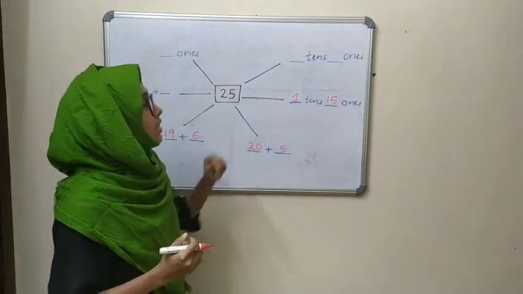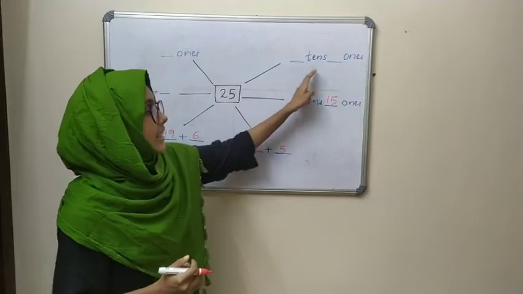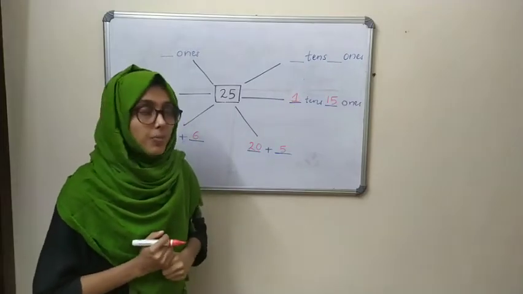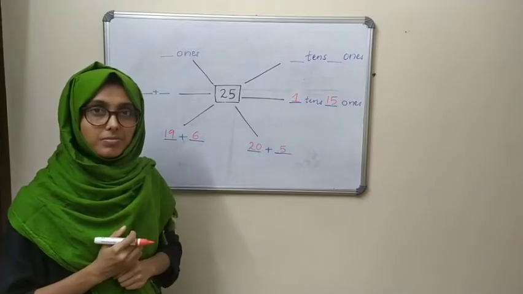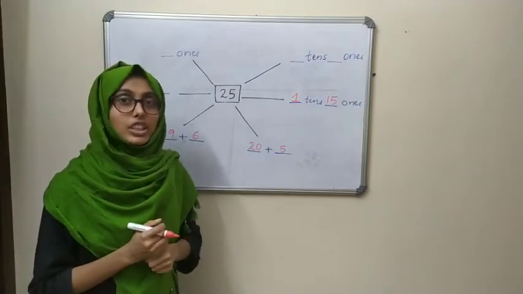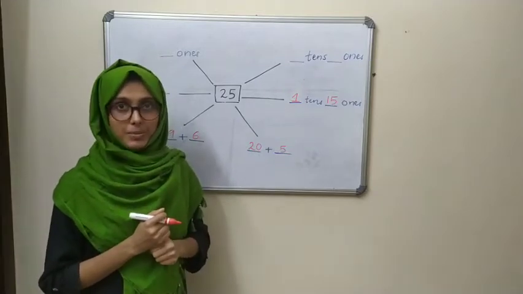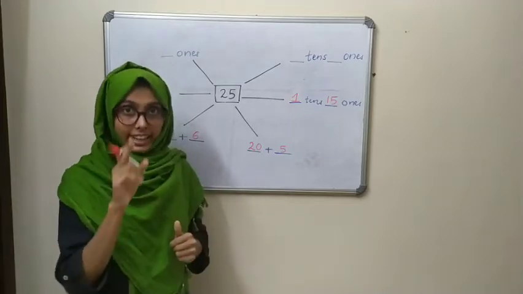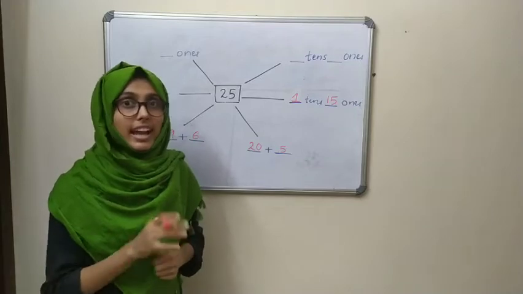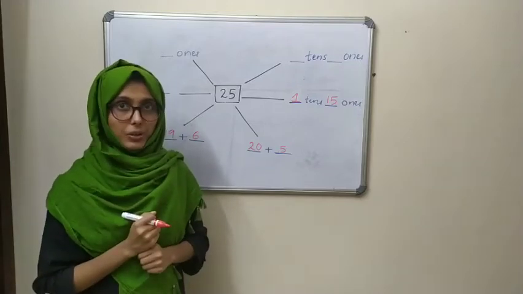Now here you want to write again in tens and ones form. So now tell me, how can you write? Suppose you have 20 rupees. You have 1 10 rupee note, again 1 10 rupee note, and 5 1 rupee coins.